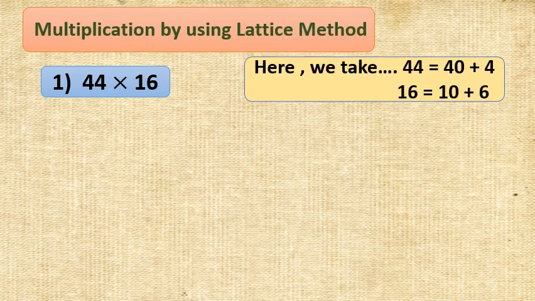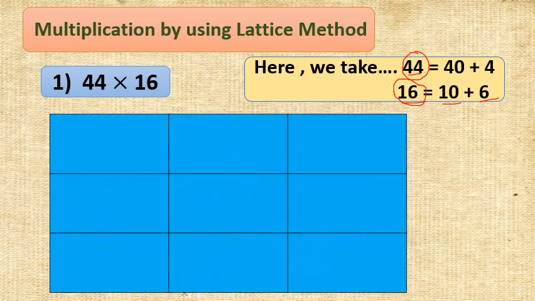See here, we take 44 as 40 plus 4. Same, 16 is 10 plus 6. Okay. Both numbers 44 and 16 we have written in the expanded form. Correct? Now that we will use in the lattice method.